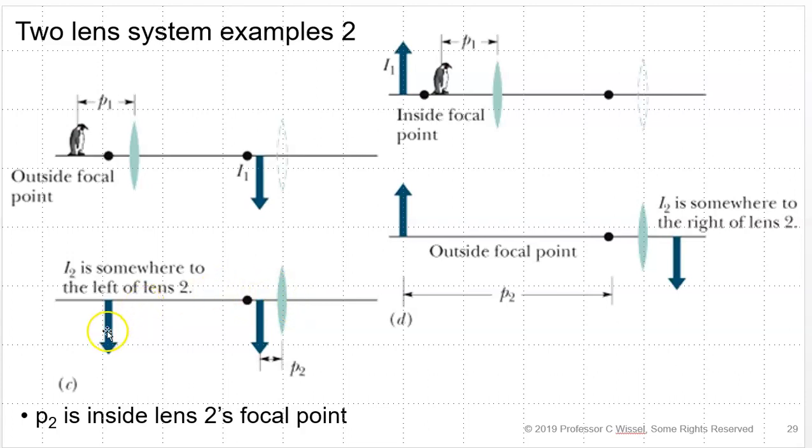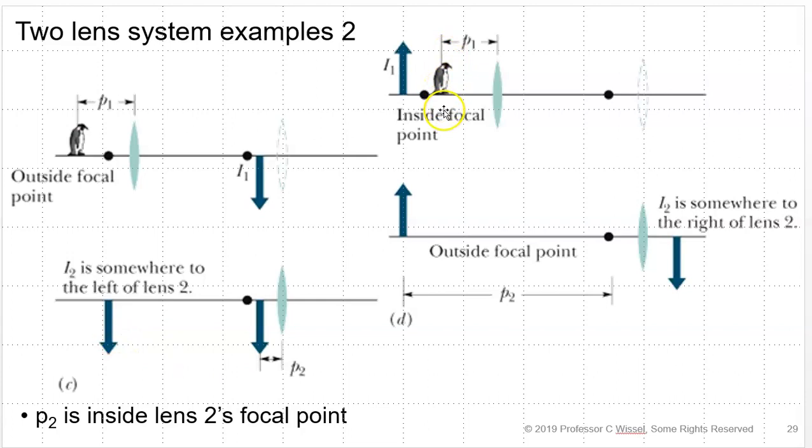So it's going to be a virtual image. It's going to be over here. It's going to have the same orientation. It's going to be on the same left side of this lens. Notice the P2 is inside lens 2's focal point. That's the reason it's making a virtual image. And because this image was upside down and the virtual image has the same orientation as the object, which is now this image, it'll be upside down too.